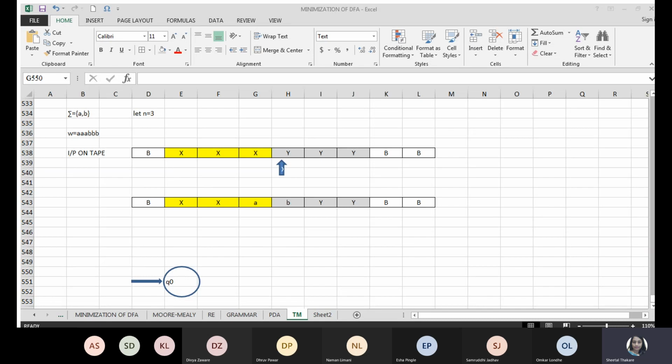The logic has been explained to you. Try to draw it yourself. This is the frequently asked Turing machine design problem in the university exam for 10 marks.